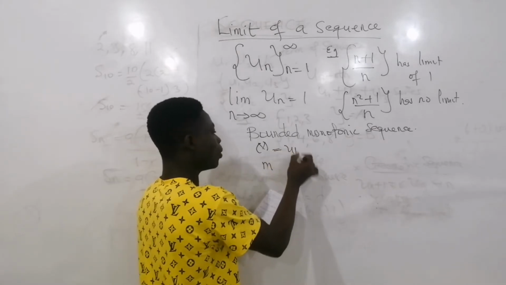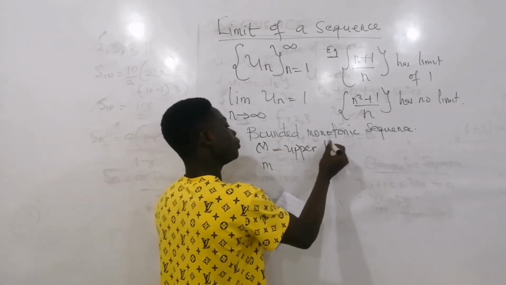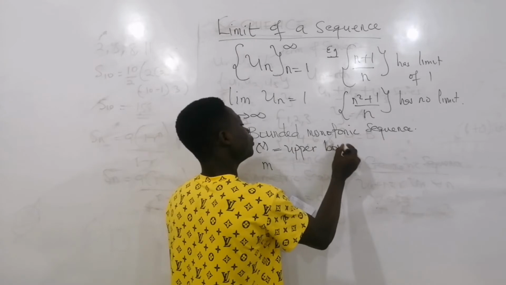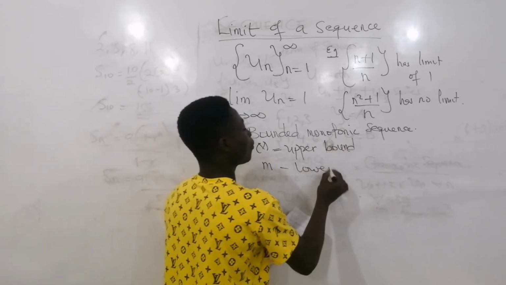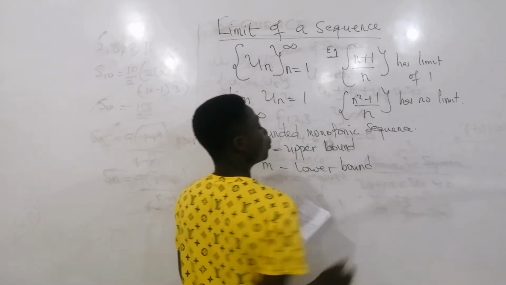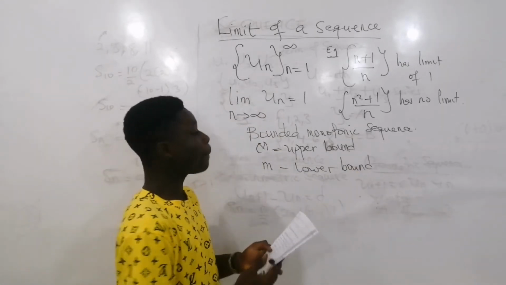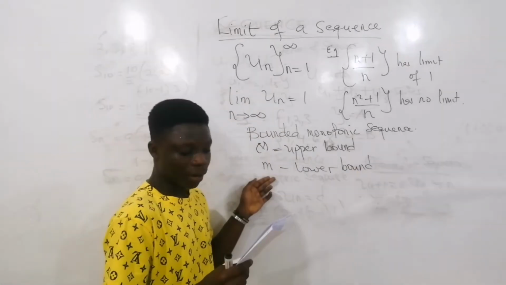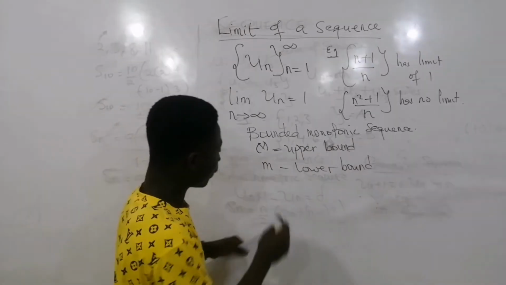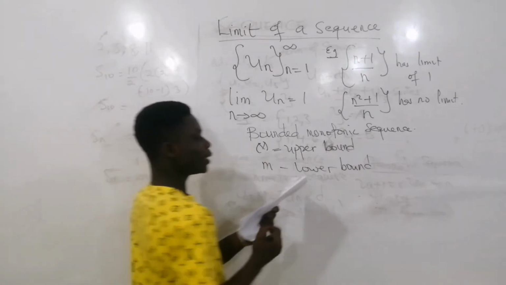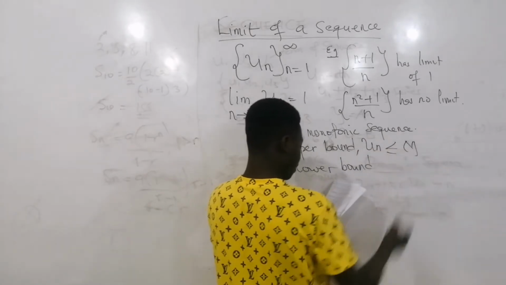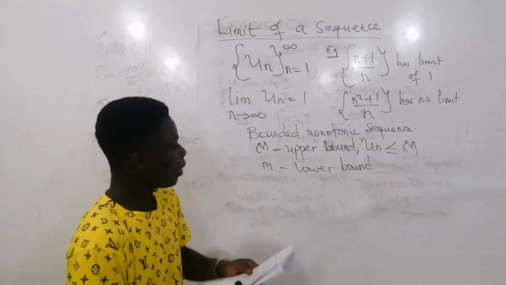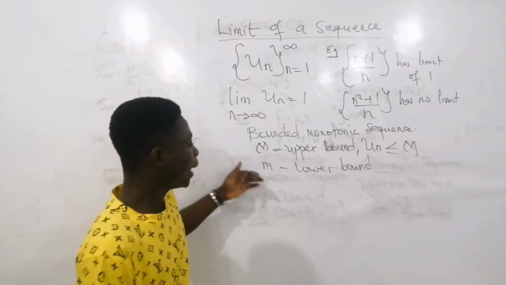This is the upper bound, and this we call the lower bound. So with bounded, we have the upper bound and the lower bound, right? With the upper bound, the rule is that un is less than or equal to capital N.